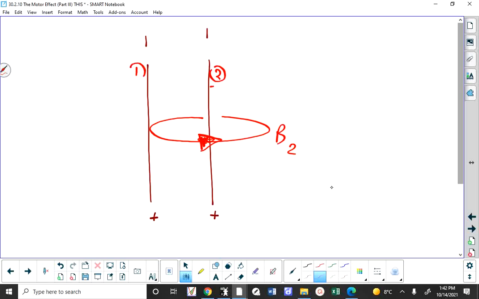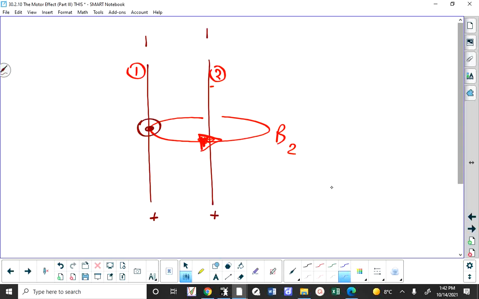This is wire 1. Now, that means wire 1 is in a magnetic field, isn't it? Just like the hanging wire was in the magnetic field. So we ought to be able to predict the direction of the force on wire 1 due to wire 2's magnetic field. Now the magnetic field of wire 2 right here is out.